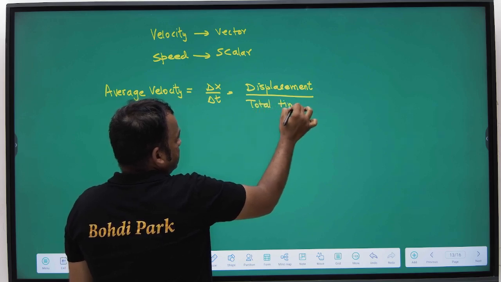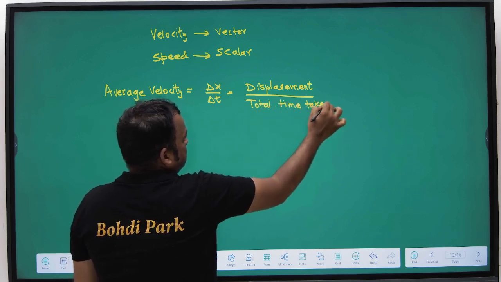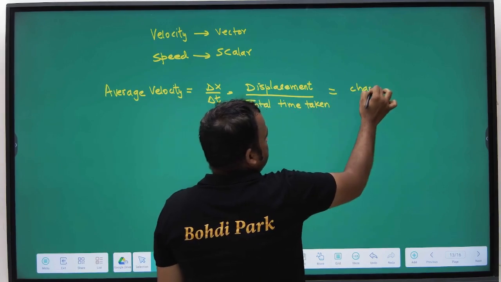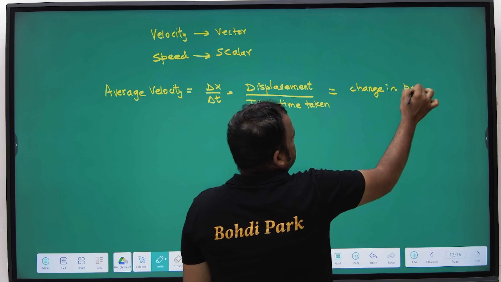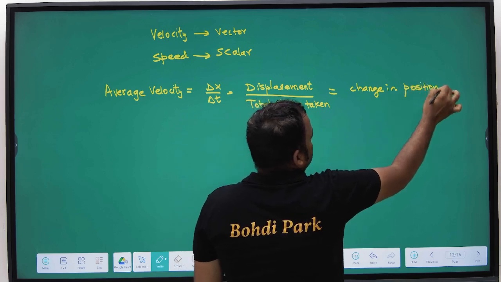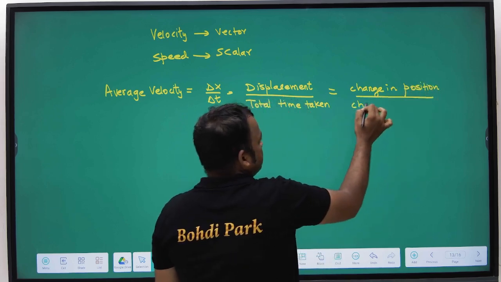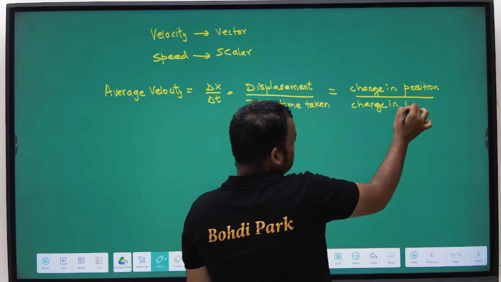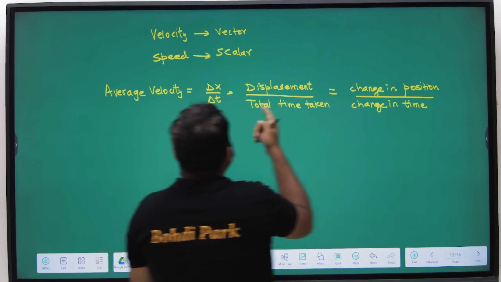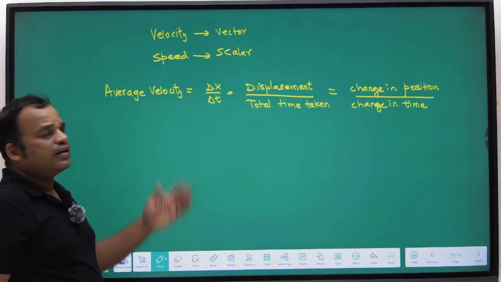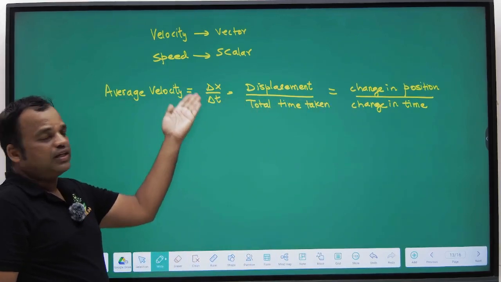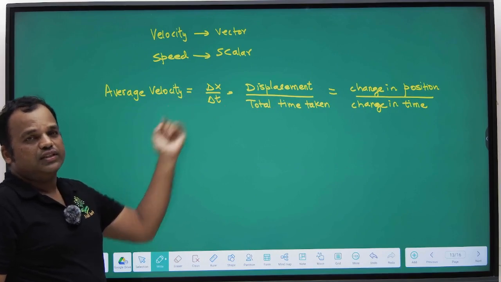Or we can say change in position divided by change in time. All these three have the same meaning. Delta x means displacement, delta t means time duration.